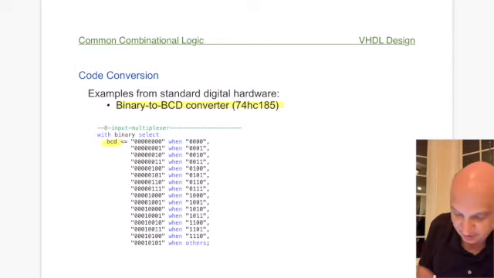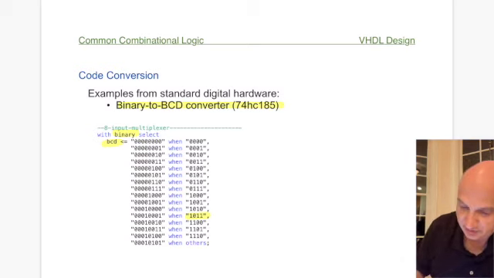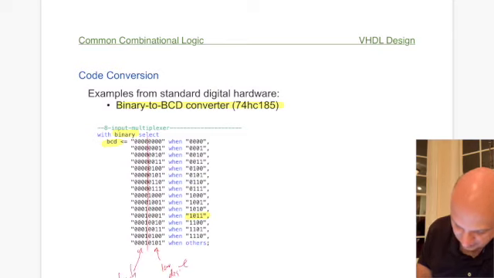So the BCD output here will be determined by the binary input there. So if our binary input, for instance, is 1011, that corresponds to the decimal value of 11. And so in a BCD number, the bits are divided into 4-bit segments, with this being the low digit, and this being the high digit.